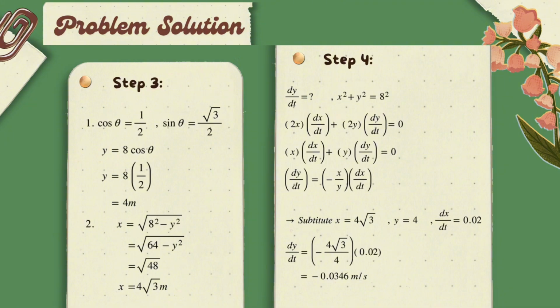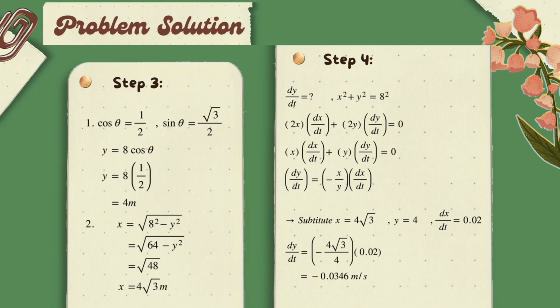So as you can see, y equal to 8 cos theta, and cos theta is 1 over 2. So we multiply 8 with 1 over 2, and we get 4 meter.